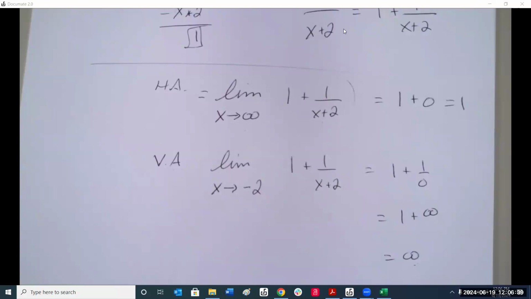But as you can see, the algebra way is a lot faster. But this is mathematically how we prove horizontal and vertical asymptotes.